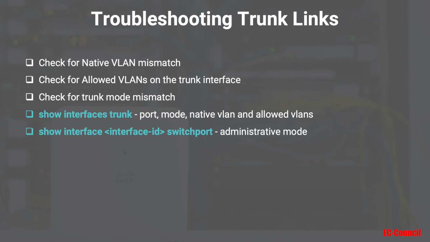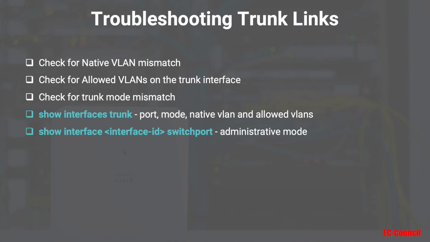Additionally, when troubleshooting trunks, always check to ensure the native VLAN is not mismatched in any way. For example, if you have two switches, and the native VLAN on switch 1 is configured to be 99, but the native VLAN on switch 2 is configured to be, let's say, 98, you will get a native VLAN mismatch error.